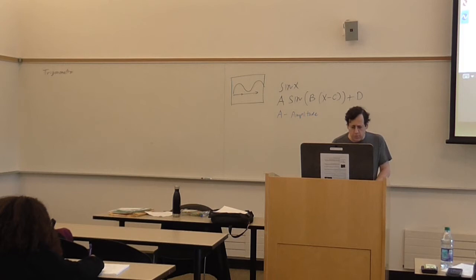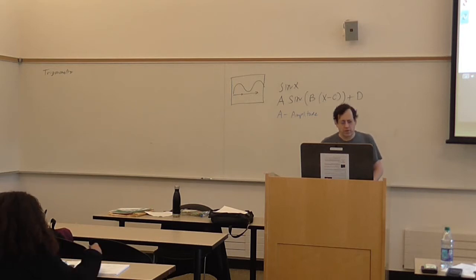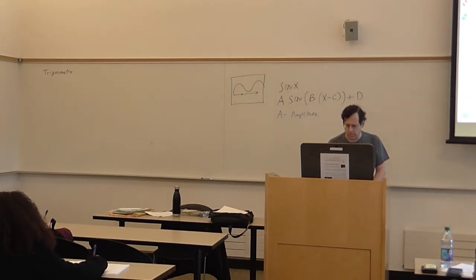Let's hold our amplitude fixed, and let's just add a d value. What happened there? Well, this is just a shift, right? We've seen that before. We add a value to the function, it raises it, I subtract some value, it's just going to lower it.